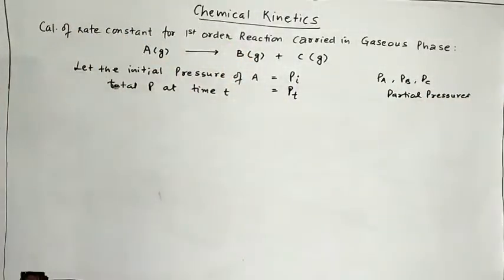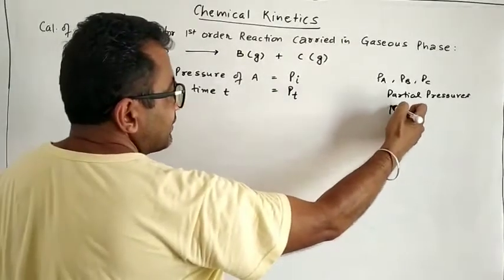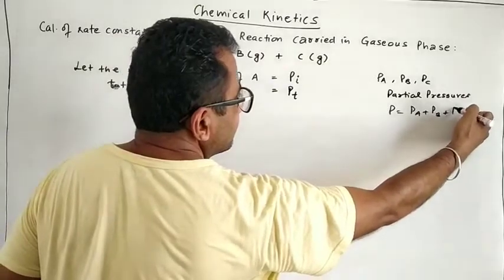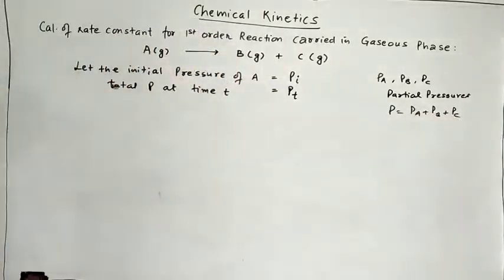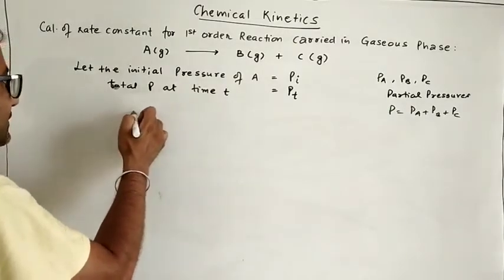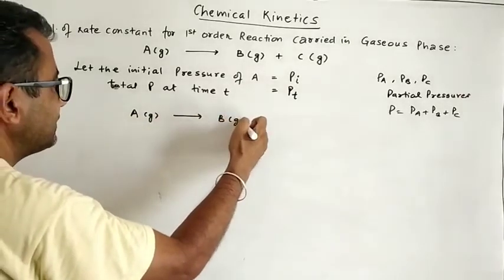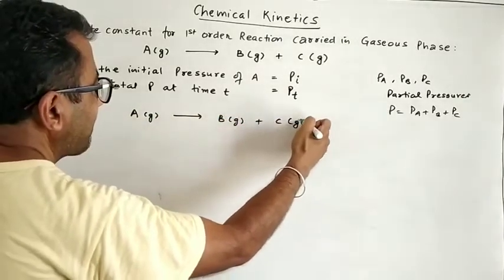Then what will be the total pressure according to Dalton's law of partial pressure? The sum of these 3 partial pressures is equal to the total pressure. Now, this is your A going to change into B and C.